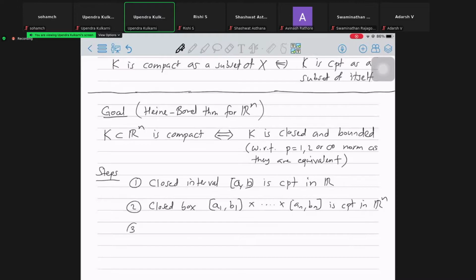Okay, so how do number 1 and number 2 allow us to prove the backward direction? The backward direction is the one saying that certain kinds of sets are compact. Assuming steps 1 and 2, we have shown that a closed box is compact. So how do I go from that to an arbitrary closed and bounded set? Well, I prove the following.